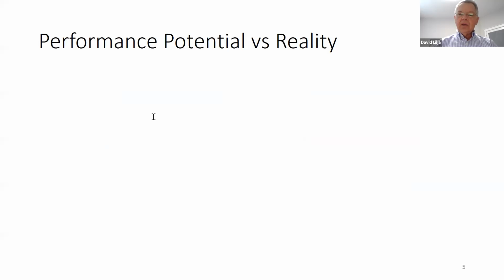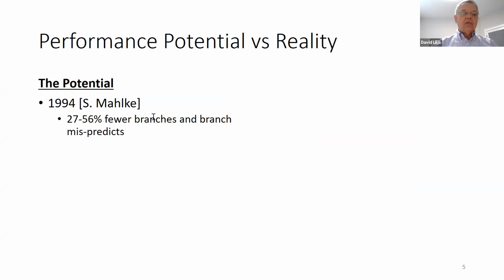Well, the reality turned out to be just a little bit different than what people were thinking. The potential, rather, was in 1994, when a paper was published by Scott Mahlke that said, we think this branch predication idea can get somewhere around 27 to 56% fewer branches and branch mispredicts.